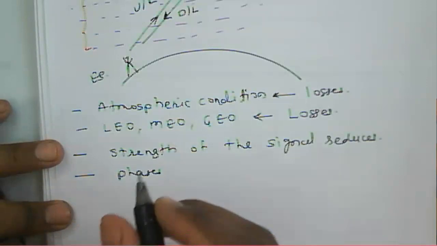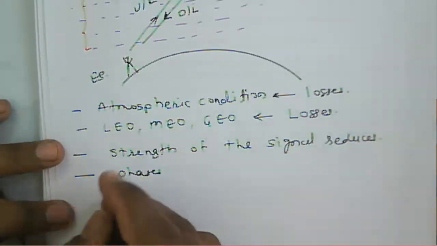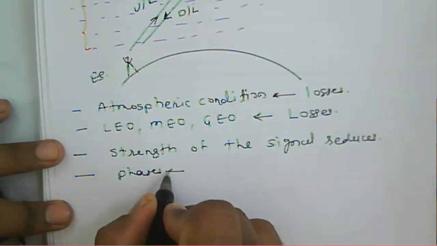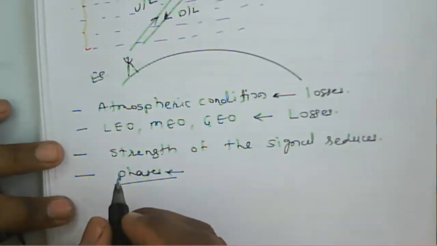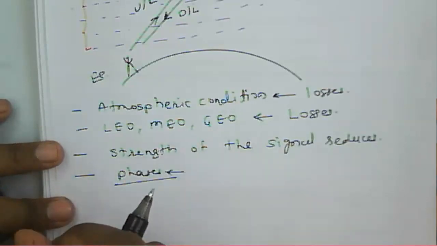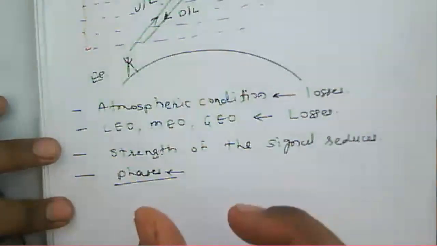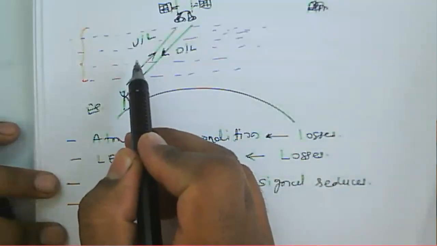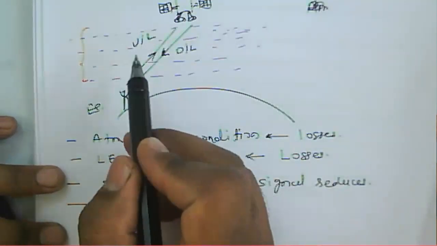The signal may degrade in terms of phase also. These losses are due to atmospheric absorption and attenuation.